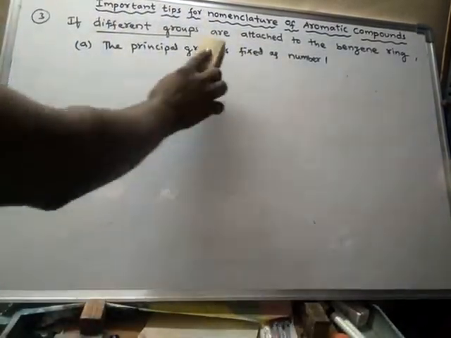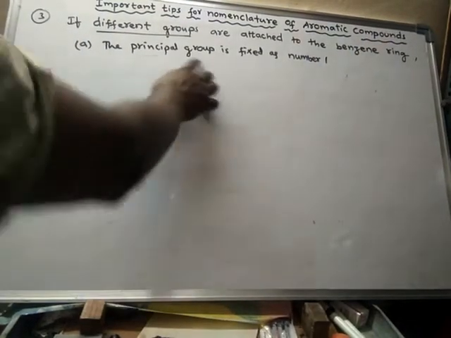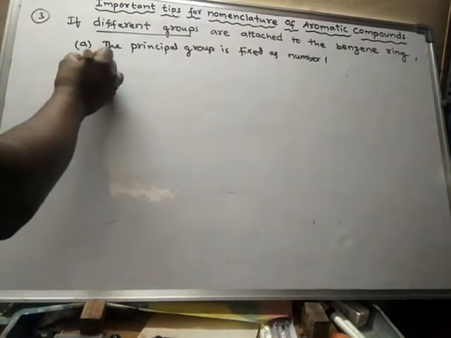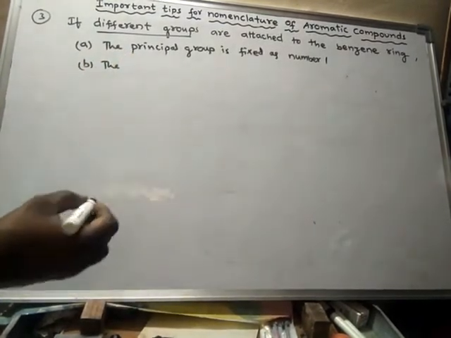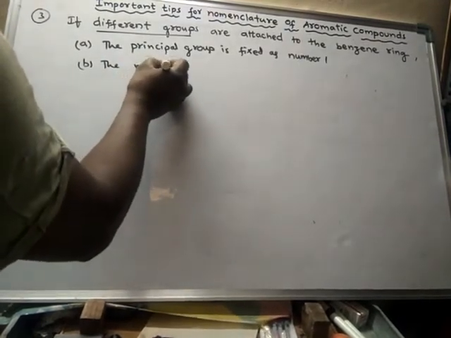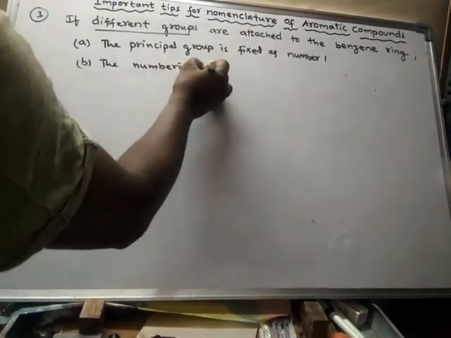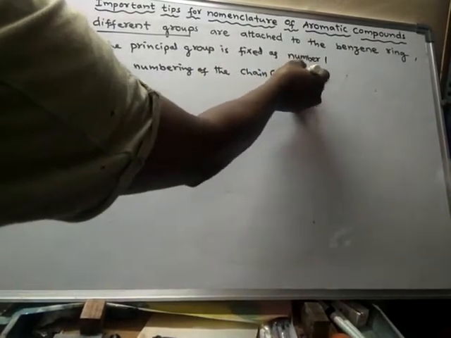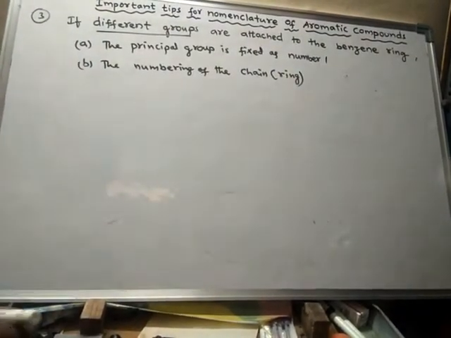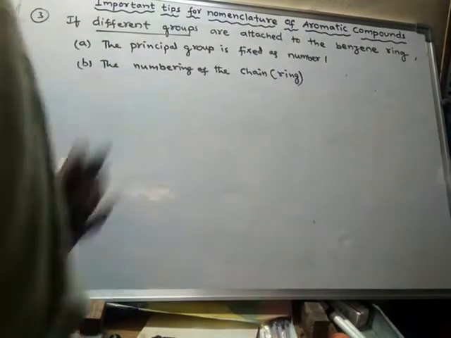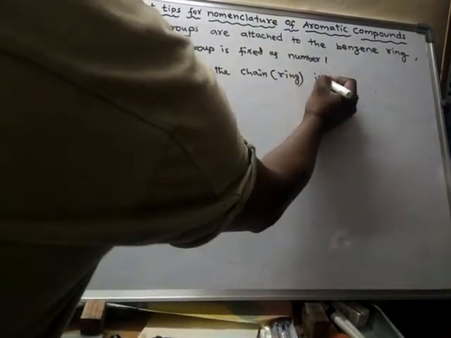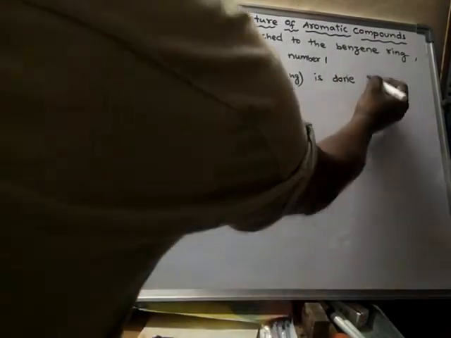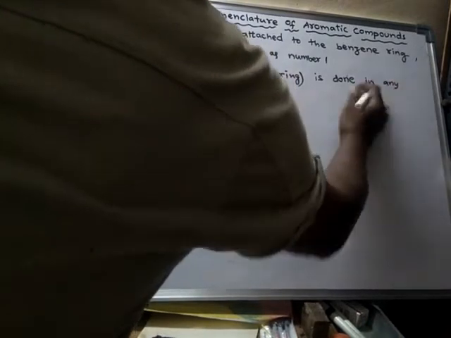The principal group, meaning the main functional group, is fixed as number 1. The numbering of the chain, or else the numbering of the ring, is done in any direction. Here we are discussing the ring, a chain in the form of a closed chain, so instead of writing chain we may write ring also.